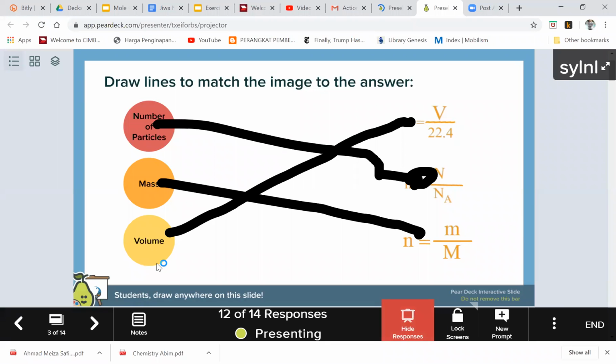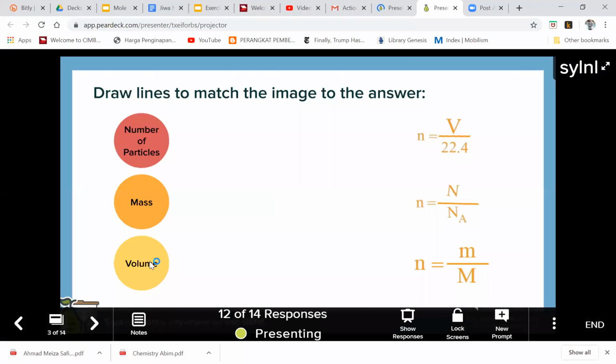So when you want to find the number of particles, you use this formula: mole is equal to the number of particles over Avogadro's number. When you want to find the mass, mole is equal to mass over molar mass. This capital M is the molar mass. When you want to find the volume of a gas, mole is equal to volume over 22.4.